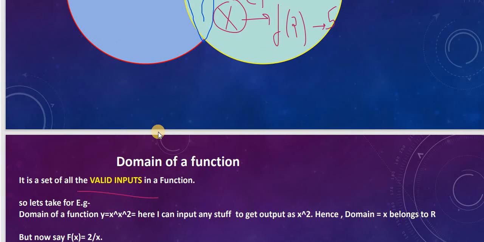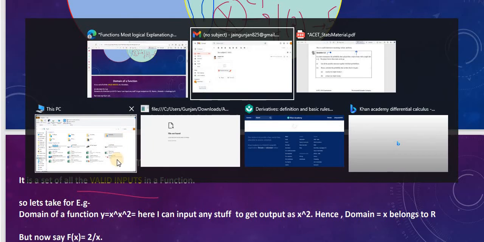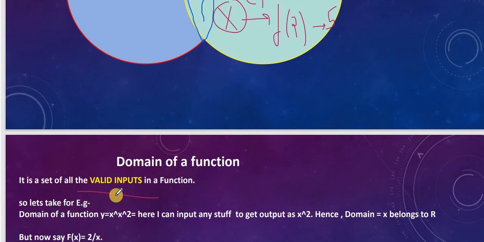For example, if I have defined the function as f of x equals 1 upon x, then all inputs will be valid except x equals 0. If I input x as 0, then it is 1 upon 0, which is not defined. So except 0, all the other values are valid inputs. So my domain is all real numbers except 0.